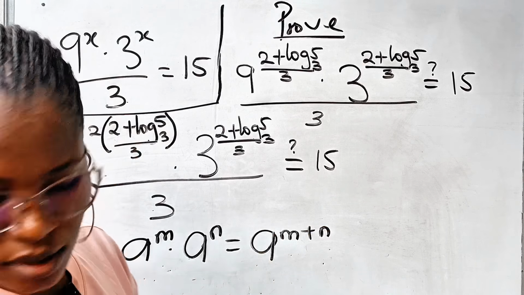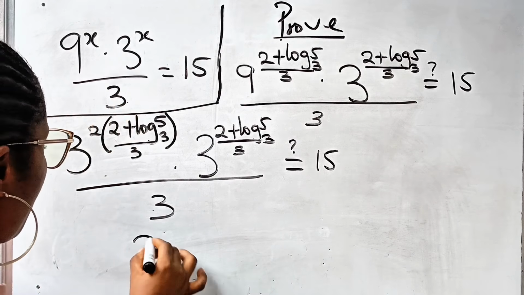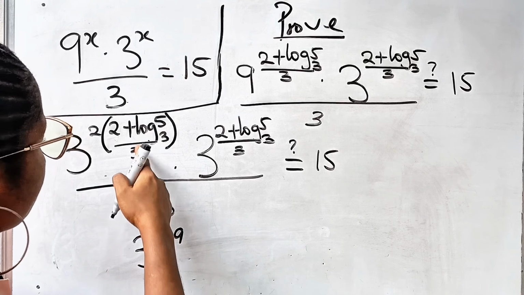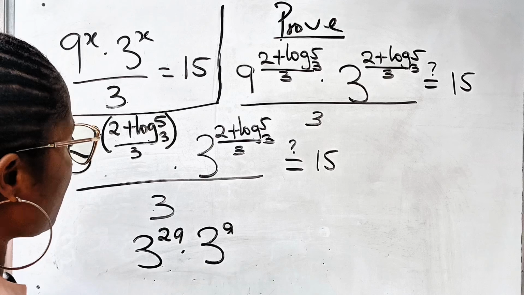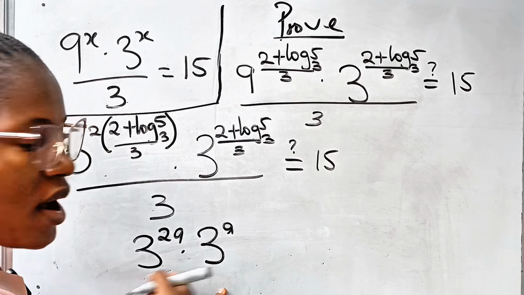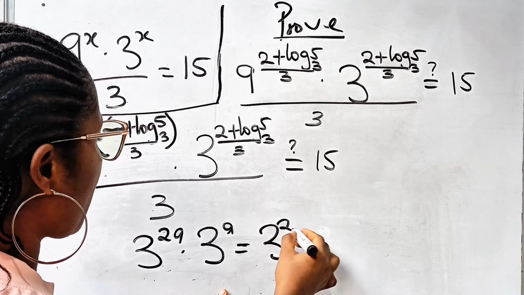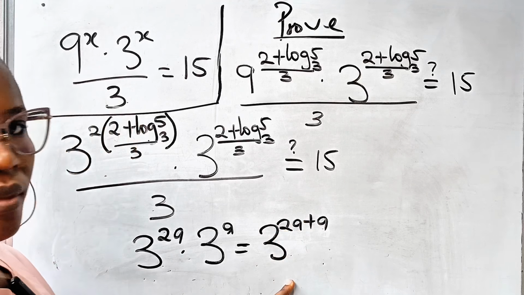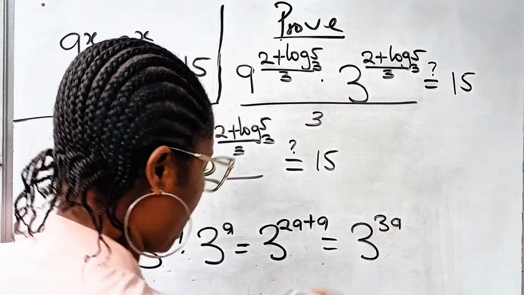Therefore, this will be 3 to the power of 2A multiplied by 3 to the power of A, meaning we can bring them together as 3 to the power of 2A plus A, which will give us 3 to the power of 3A.